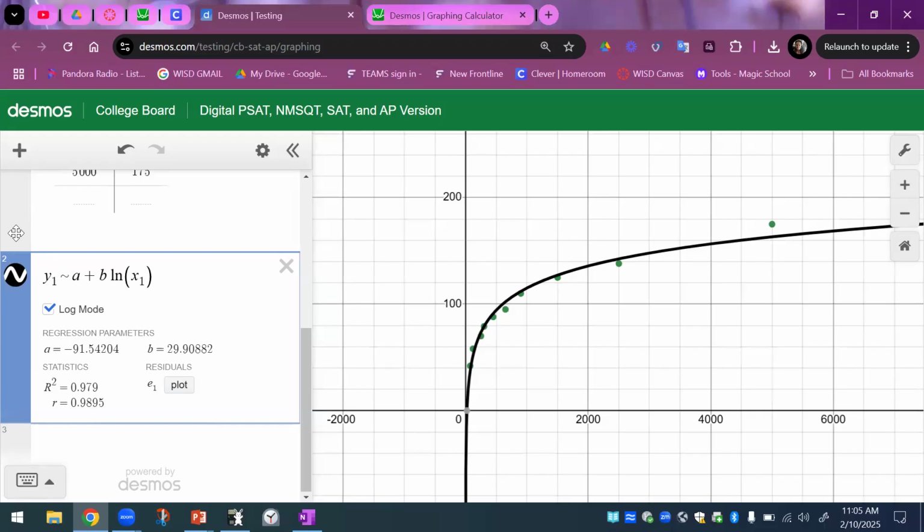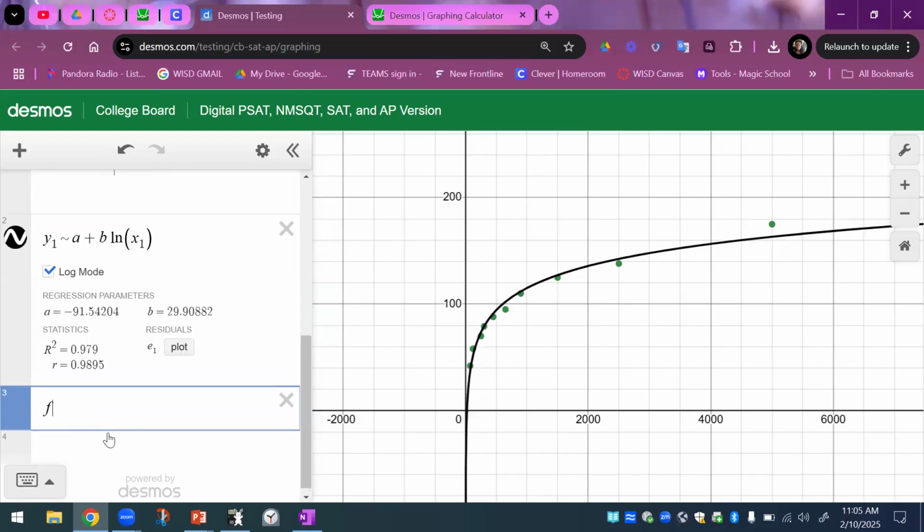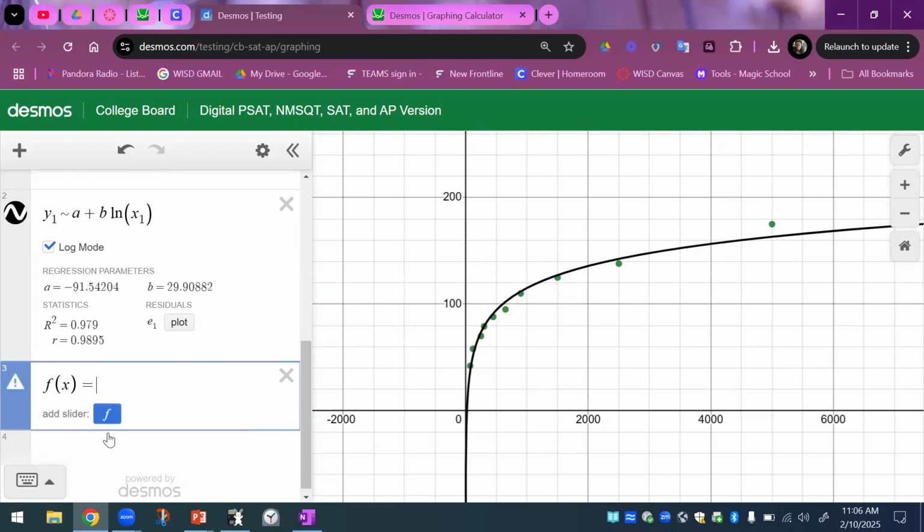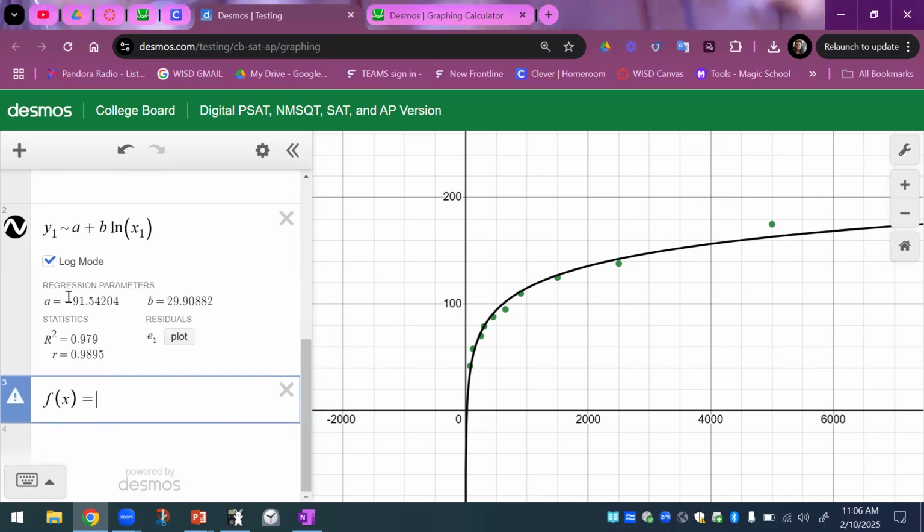Now, the beauty about the TI-84 is once I put in the function and save it as Y1, I can now interact with it. However, for Desmos, you have to type it as a function in order to see the complete table. So I have f of x equals, and I literally just copy and paste.